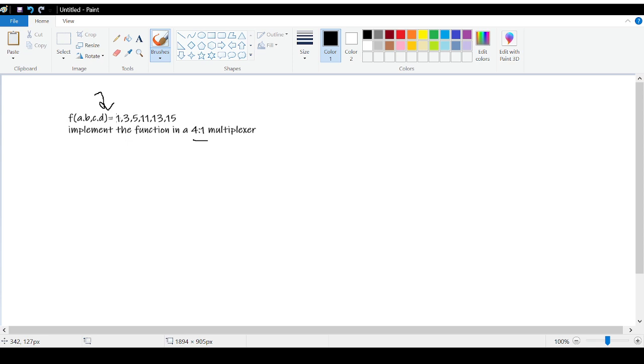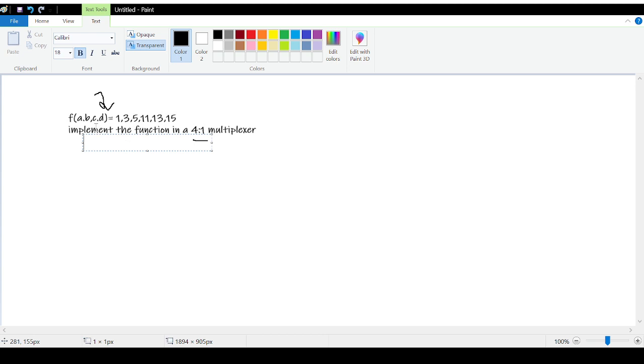In the previous class we saw the same example, but you had to implement a 3-bit function, in terms of 0 3 6 7, using 2 to 1 muxes, right?